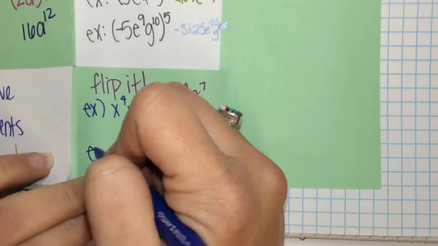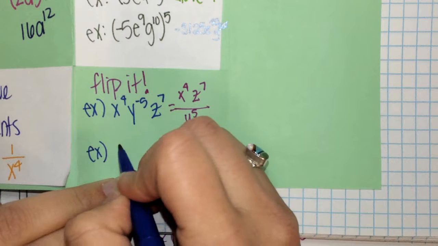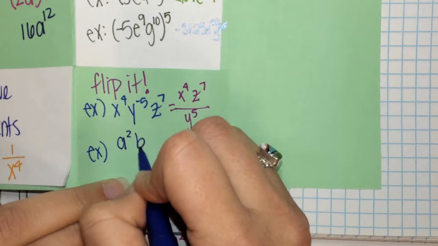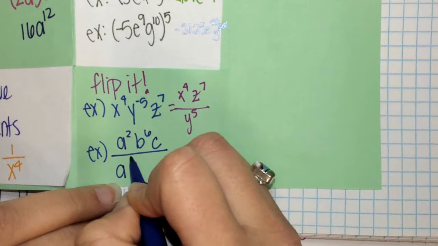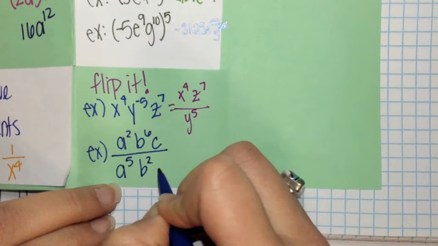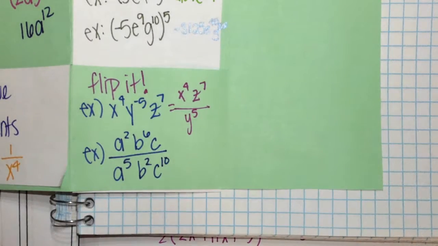All right, so what if I had a squared b to the 6th c divided by a to the 5th b squared c to the 10th? You do divide. And when you divide like bases, what do you do to the exponents?